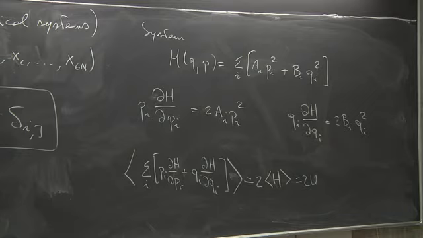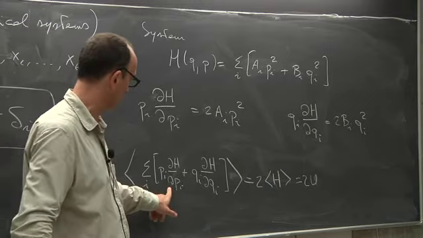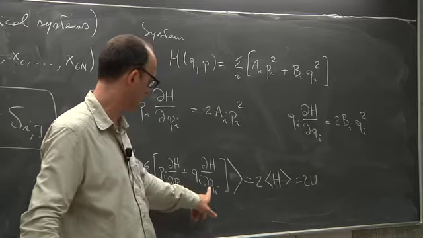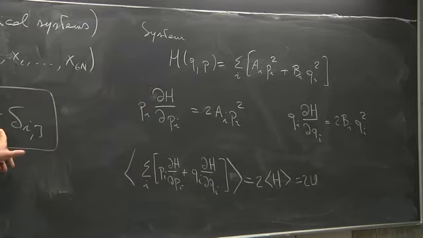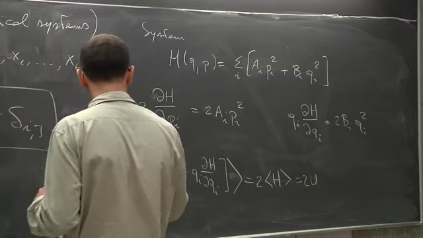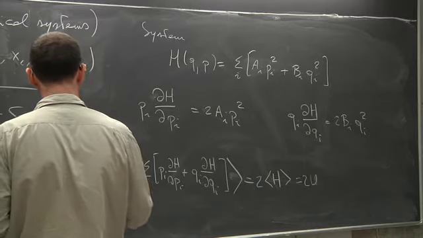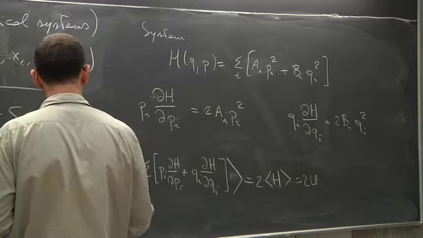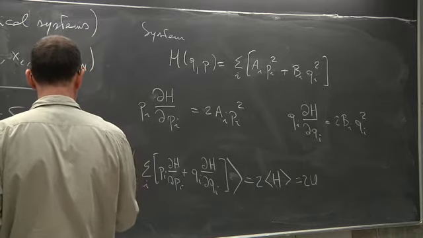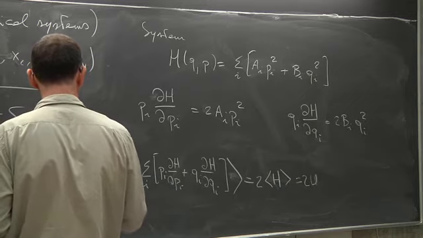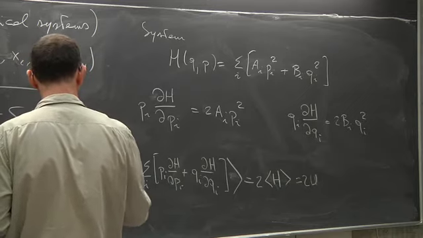However, now if you take this relation here, then the expected value of all these terms will be equal to kT. Okay, so that here you will get kT times the number of degrees of freedom. Let me call it F.